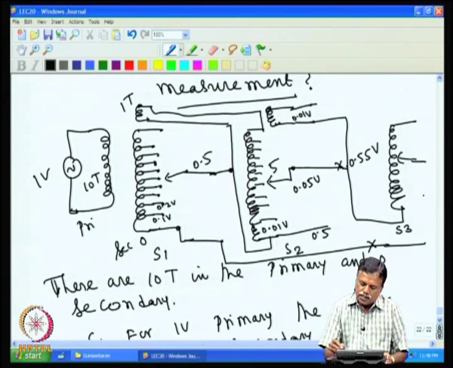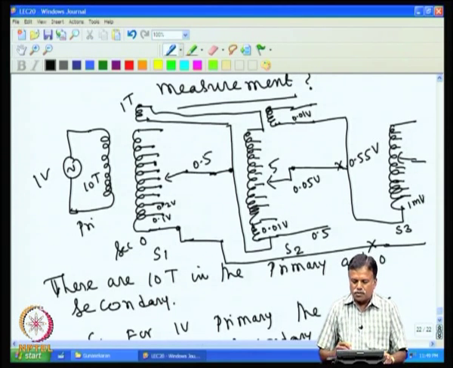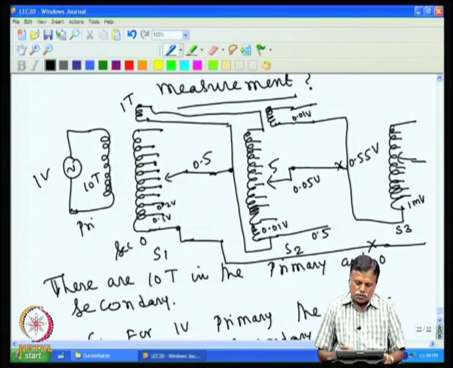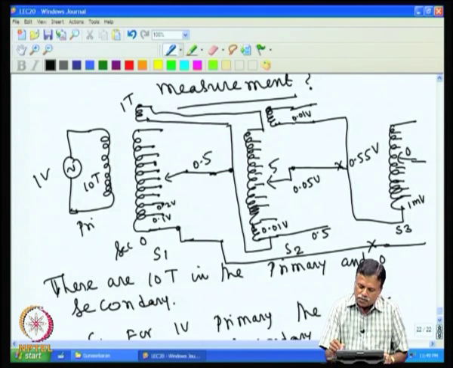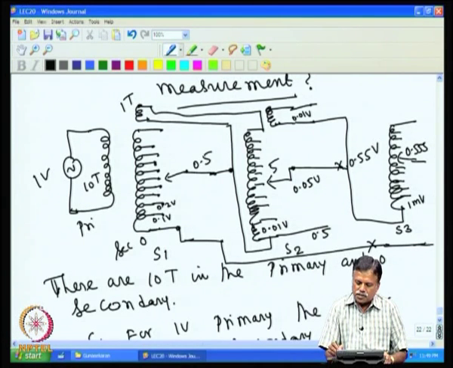In S3 you also have 10 tenths, and each one is 1 millivolt. So, for example, if it is at midpoint it will be 0.5 and this at midpoint will be another 0.05. So, it will be 0.55, and if this is also at midpoint you will get 0.555 volt with respect to this point.